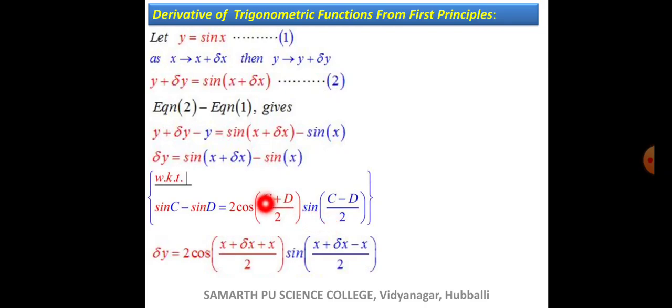Comparing these two, sin of x plus delta x minus sin x and sin c minus sin d, we have c equal to x plus delta x and d equal to x. Substituting here, we get 2 cos of x plus delta x plus x divided by 2, into sin of x plus delta x minus x divided by 2.